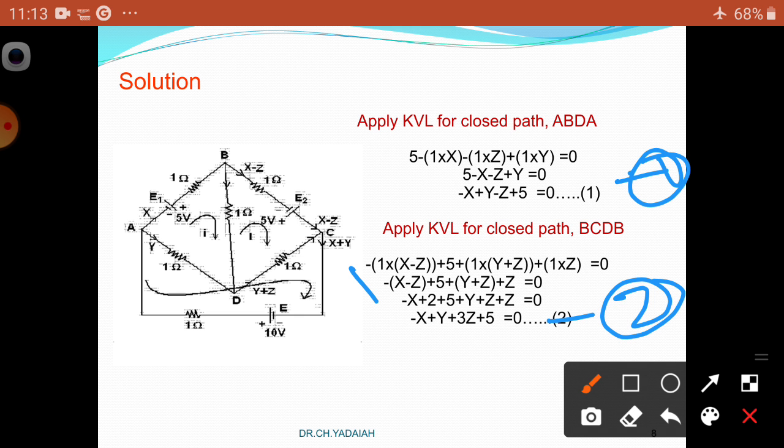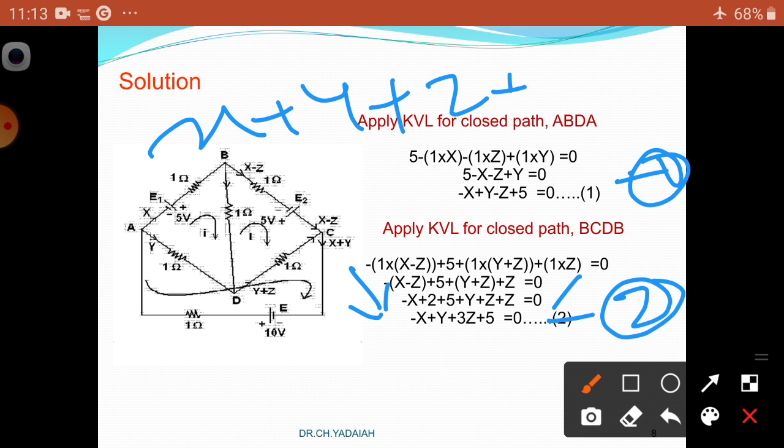By simplification, write the equation carefully, then simplify it: x plus y plus z plus some constant value is equal to 0. This is the equation. So the first equation and the second equation we got.